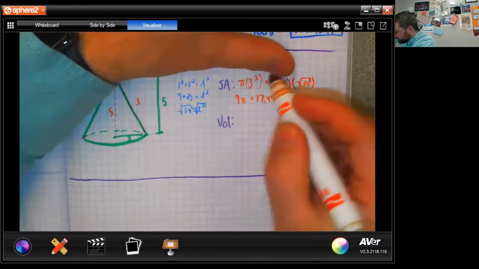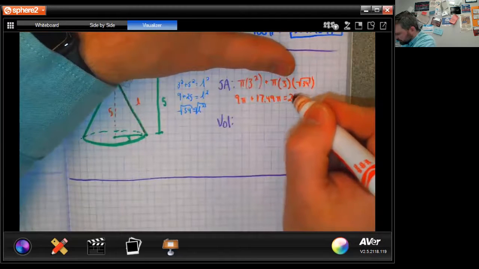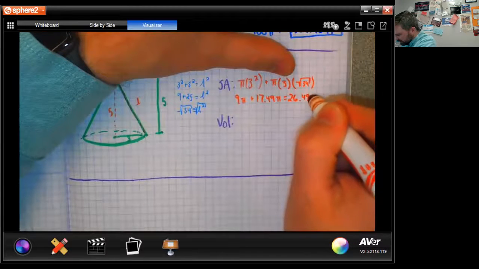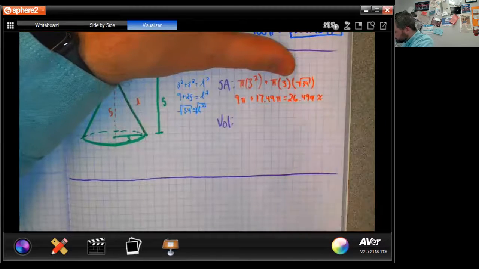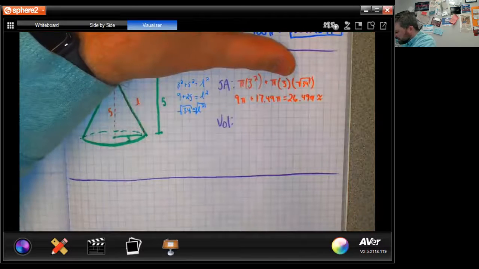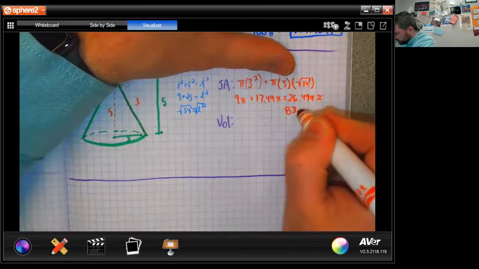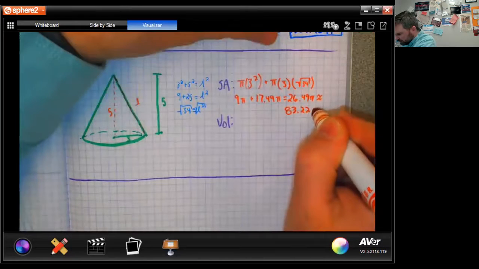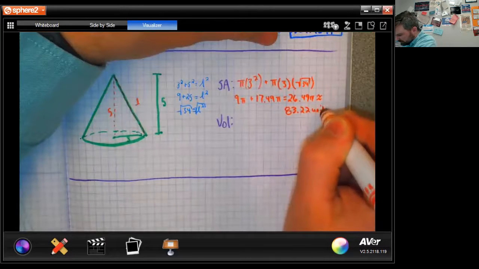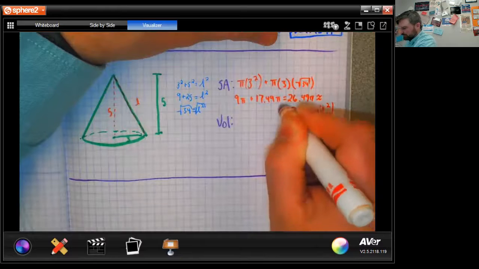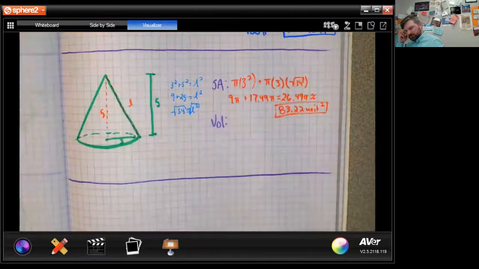Which if you add those two together, you get 26.49 pi, which is about, I'll write it down here, 83.22 units squared. Okay, we didn't have the units on that one.